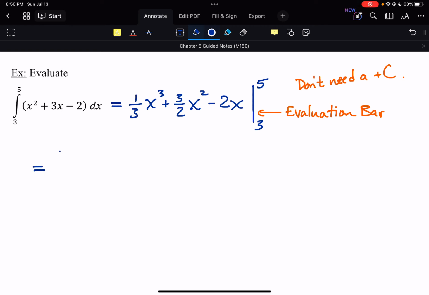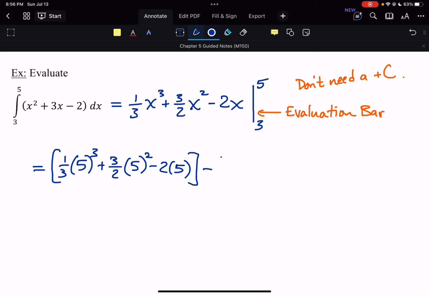So from here, this now becomes a matter of substituting in the values. So we have f of b. Remember, it's the top value minus the function evaluated for the lower bound.